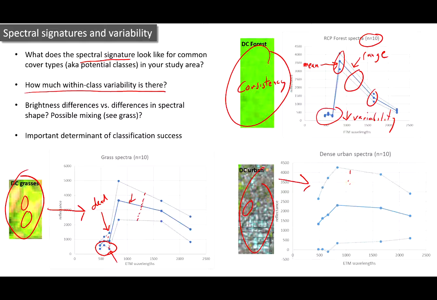You can see there is huge variability in urban spectrum when we're taking these 30-meter pixels, because they are entirely different things that we're measuring. That's why dense urban might be a tough thing to classify at the individual pixel scale.